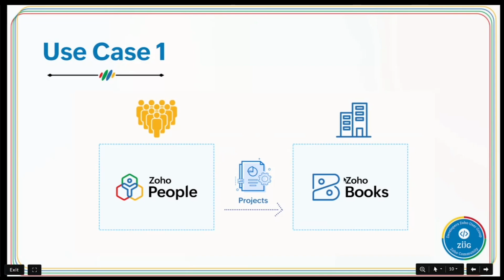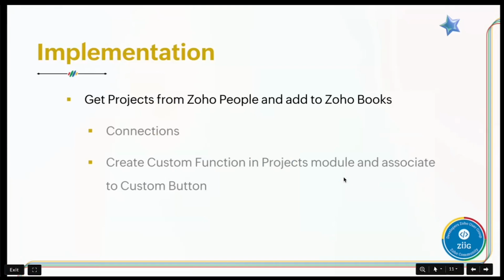And to implement this case, let's see what components are required. First, we are going to integrate Zoho People and Zoho Books. For that, we need communication between them, and that communication can be achieved with the help of connections. So we need to create a connection between Zoho People and Zoho Books.